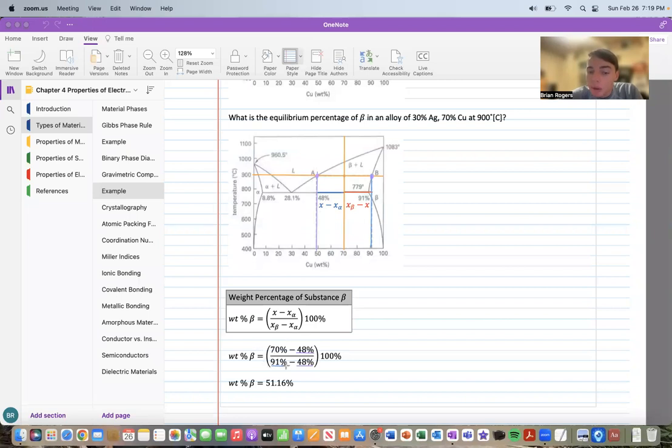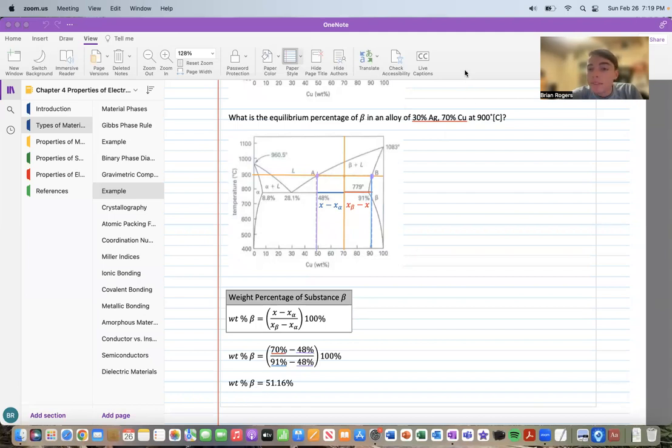It's about 91%. And then for the total composition that we were working with, it was 30% of our minority element and 70% of the majority element. For your composition, we're going to use the majority element. And so that's how we can determine the weight percentage of substance beta.